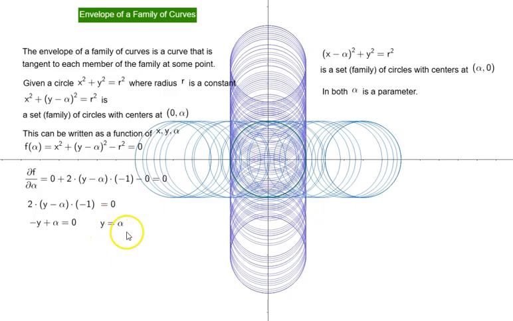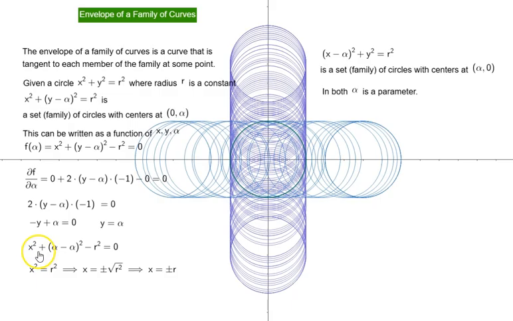So what we do now is we substitute y in our equation or function with alpha. So what happens? We get x square plus (alpha minus alpha) square minus r square equal to 0.